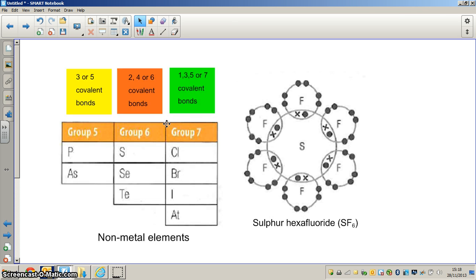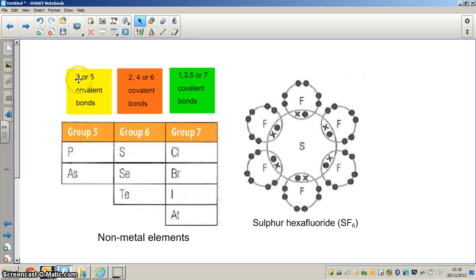So here's a little diversion or extension to the notion of the octet rule, and it really only applies to non-metal elements. So what we're talking about is covalent bonds with non-metal elements, and you may possibly remember, it works something like this. Phosphorus and arsenic in group 5 can form covalent bonds.